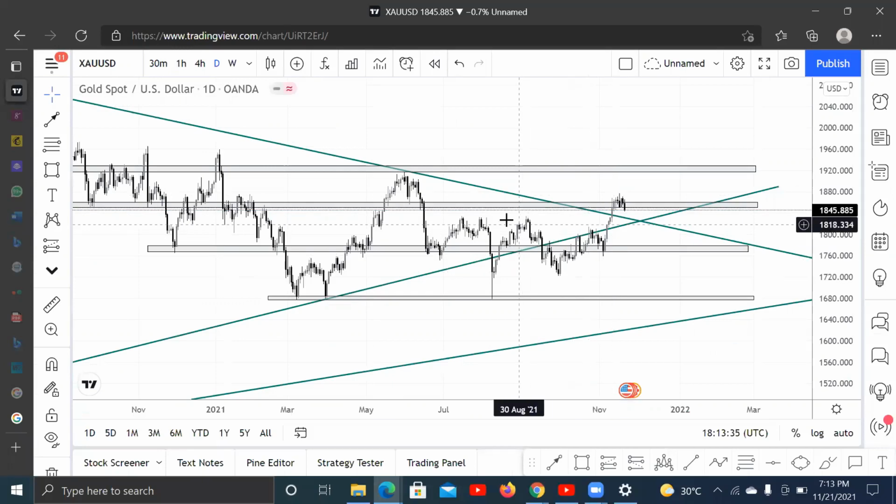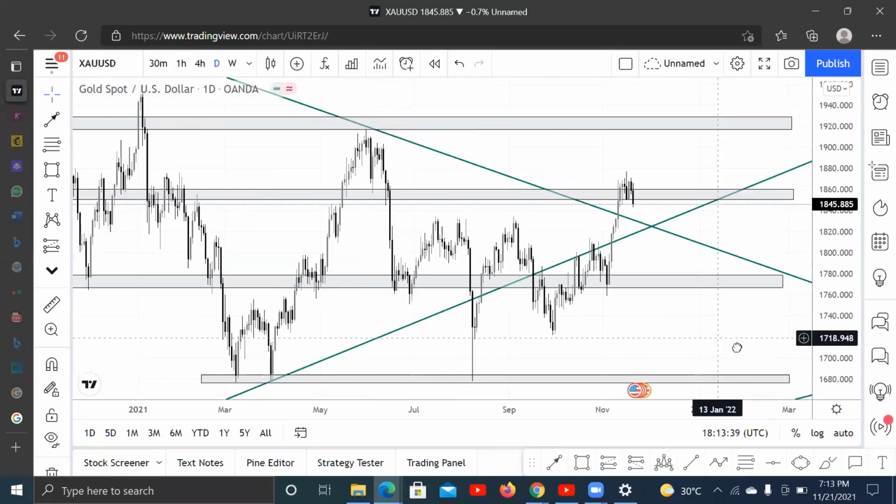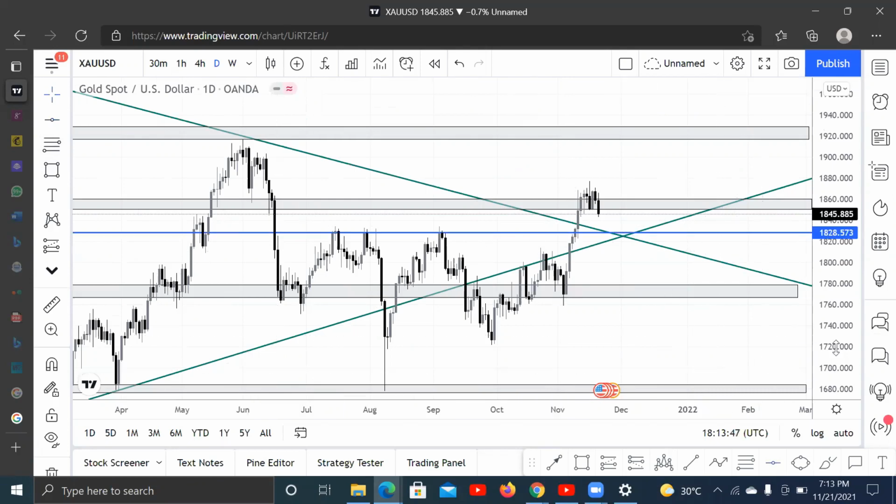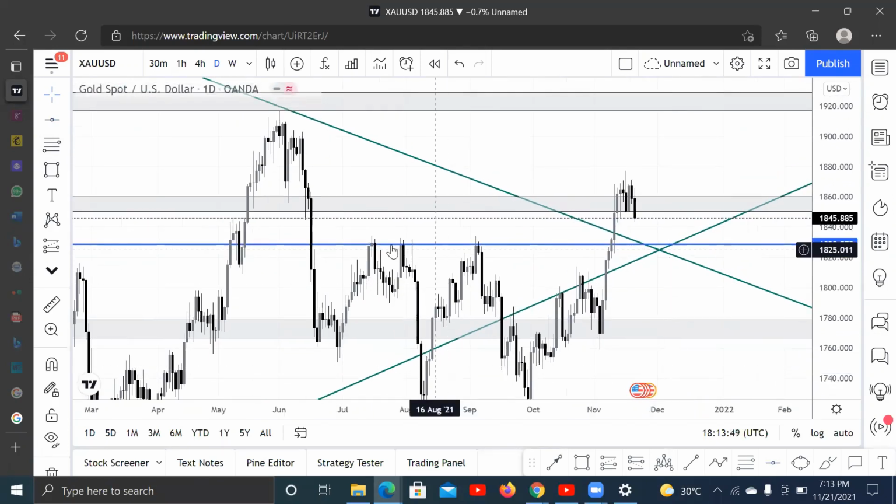So now, what can we tell from this chart? We can tell that gold broke this resistance here to the upside, broke this downward trend line, and is in line with our weekly upward trend line.